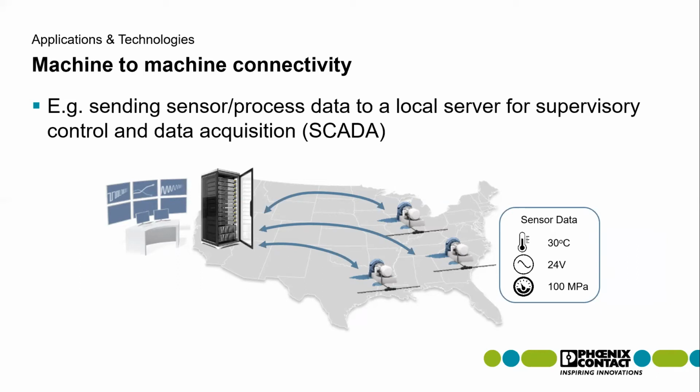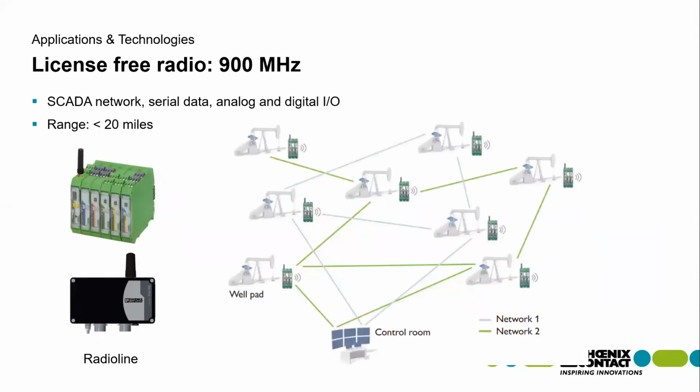We have a couple of different technologies that really enable this SCADA type example. The first of which is the license-free radio. In the United States, we leverage the 900 megahertz part of the spectrum for this, and we have a product called Radio Line that does just that. It can communicate serial data, analog, and digital I/O over 900 megahertz.